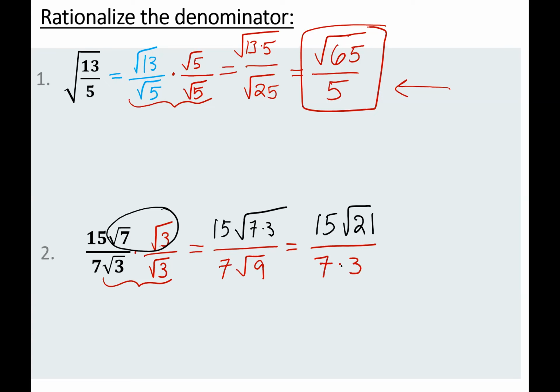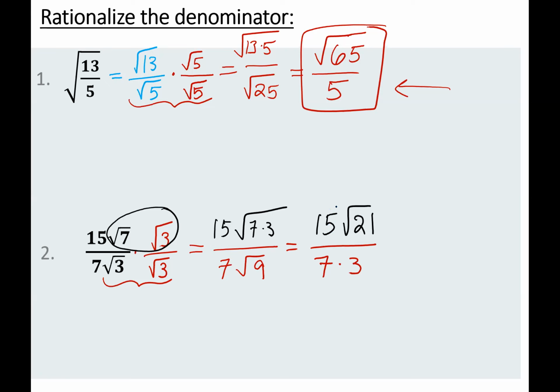Before I put the 7 times 3 together, let's see if we can reduce with the whole number in the numerator, this 15. Can 15 be divided by 7 or can it be divided by 3? If not, then we'll be finished.